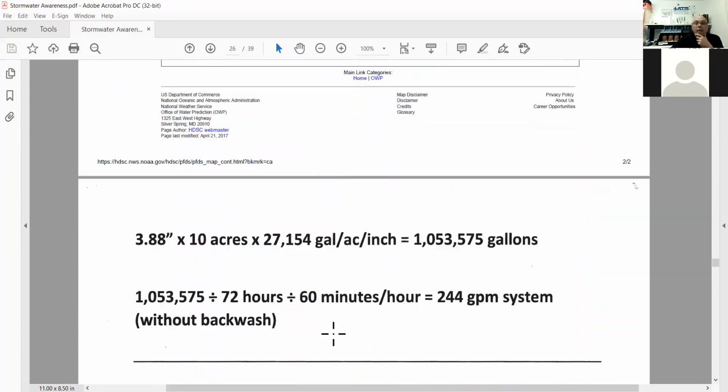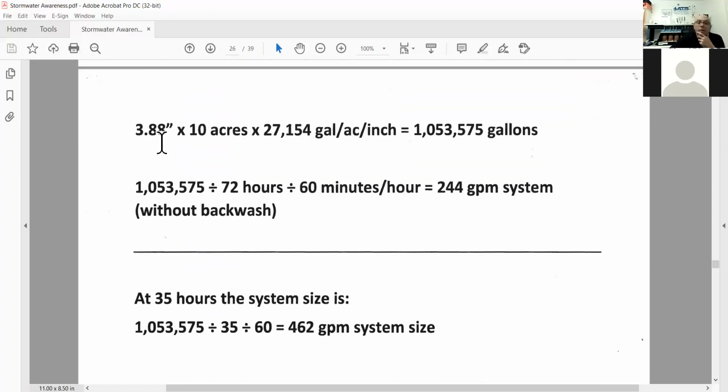Now for the calculations. Now I use a 10-acre site. I used everything else as we found it, 3.88 inches, 10 acres times this factor, never changes. And you get a total of 1,053,000 gallons. If you divide that by 72 hours and then 60 minutes, you get a system size of 244 gallons per minute.